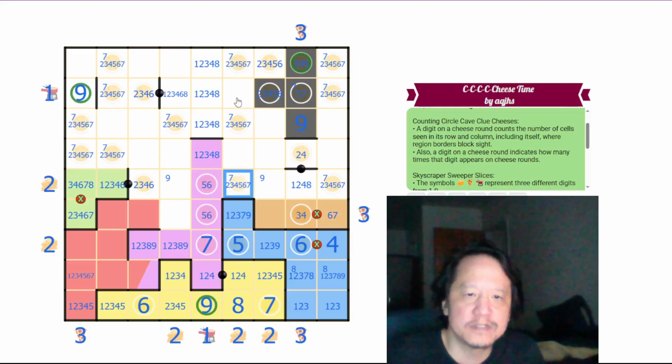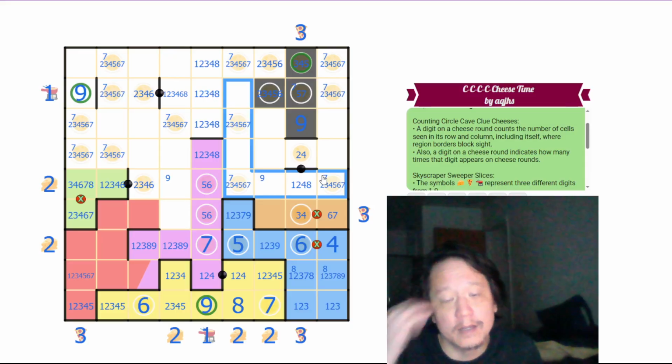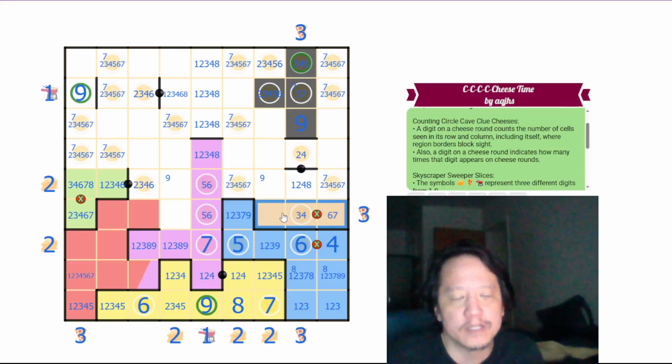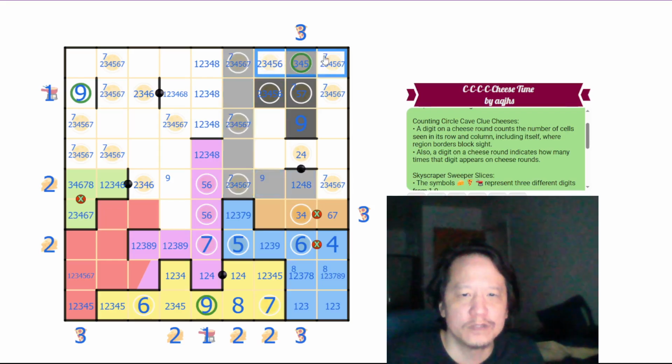So if this is 7, it would have to go that way. Or it could go that... No, cannot go this way, because that would block orange from being a 9-cell region. So would this work? If we have 7 going this way, we have how many cells left? This has to go this way. 1, 2, 3.